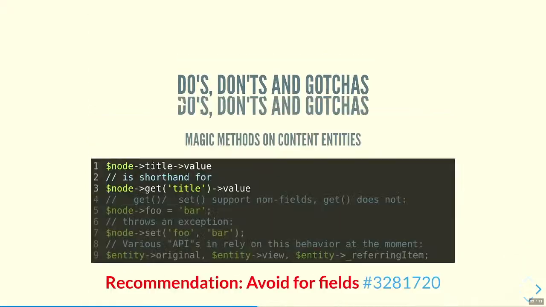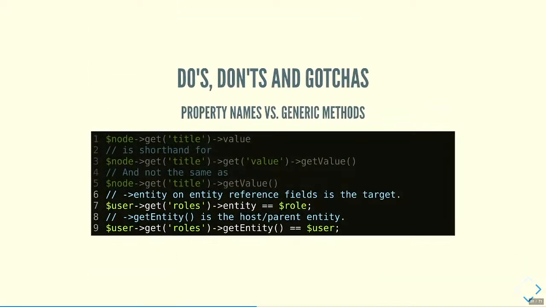It's similar for entity. The entity reference fields have an entity property. That's the role in this example. And they have a get entity method that refers to the parent entity. So if you do get entity, you get the user instead.